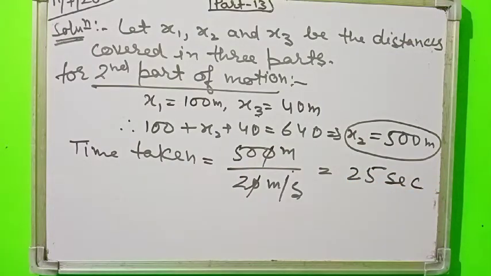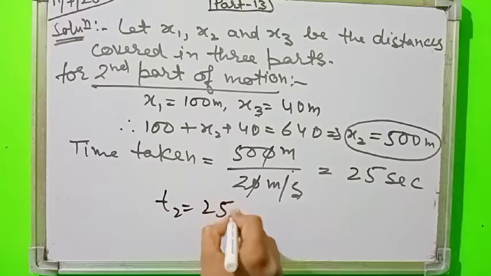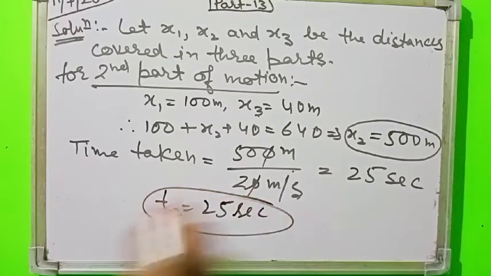So t2 is equal to 25 seconds, the time taken for the second part of the motion.